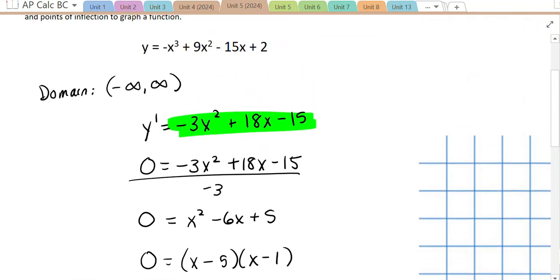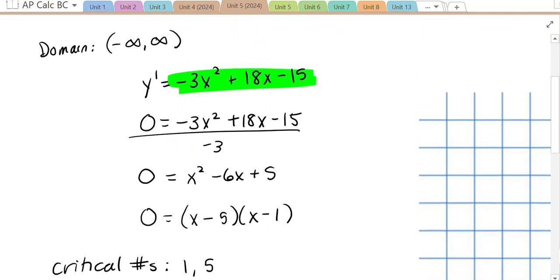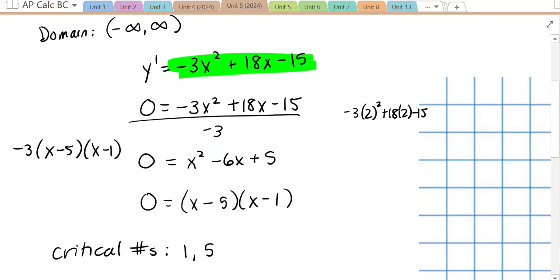Something between 1 and 5, like 2. When I plug in 2, I'm just going to do a quick little plus 18 times 2 minus 15. You could also plug it into a factored form with that negative 3. If you plug into the factored form, you need to make sure you plug into the one with a GCF pulled out, not where I divided.